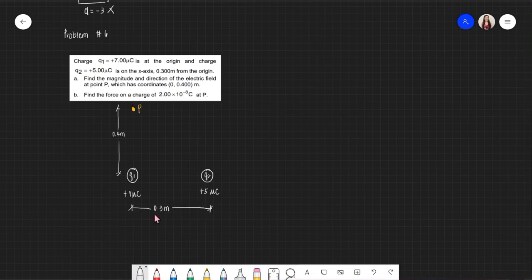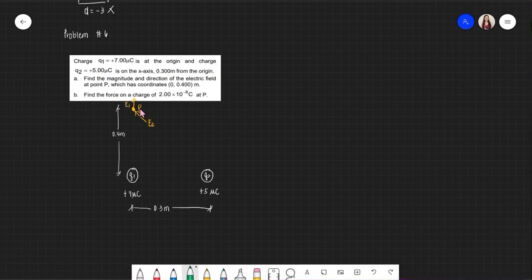So this point P here experiences a field directed by Q1 and Q2. Because they are positive, the fields should point away. So this is E1 and this is E2. Okay.